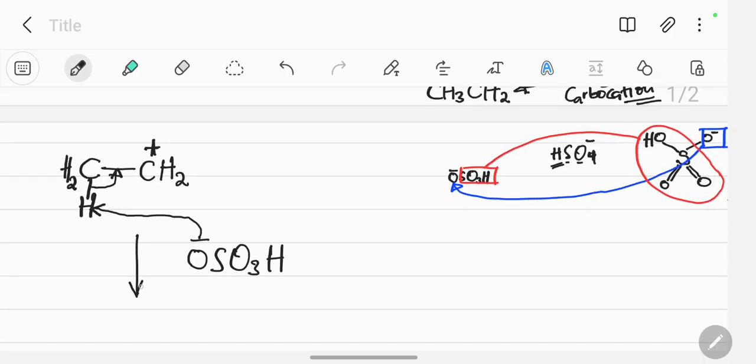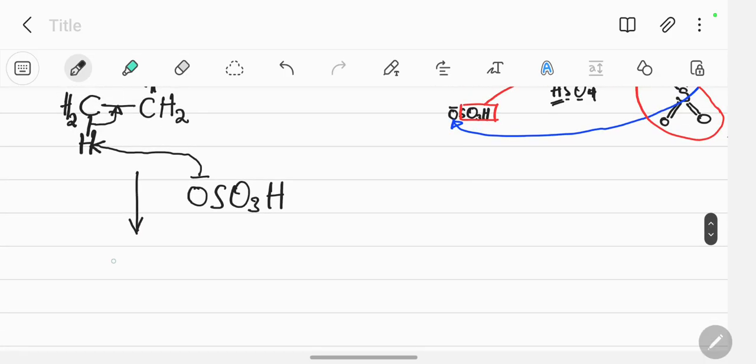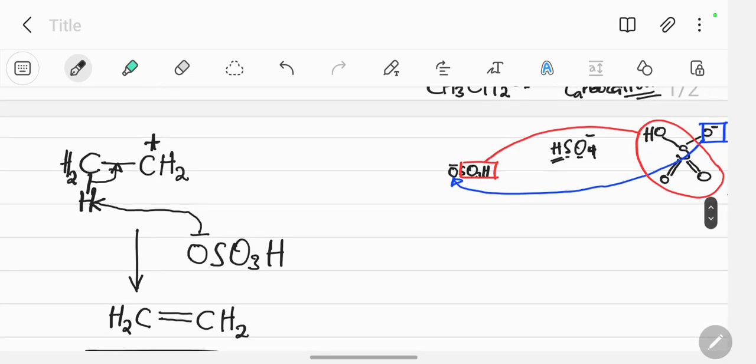So this is what happens. We remain with H2C, CH2. We had a single bond there, but now that arrow has brought a double bond. So you see that as the hydrogen sulfate takes the hydrogen, it forms back our sulfuric acid.